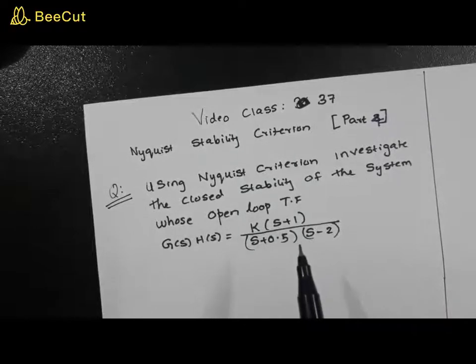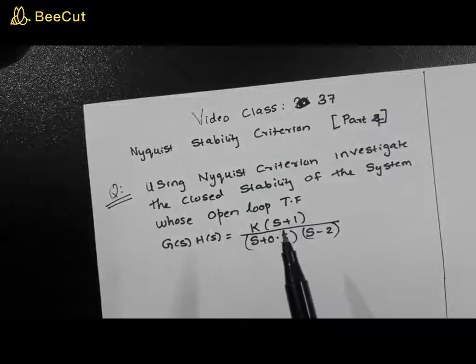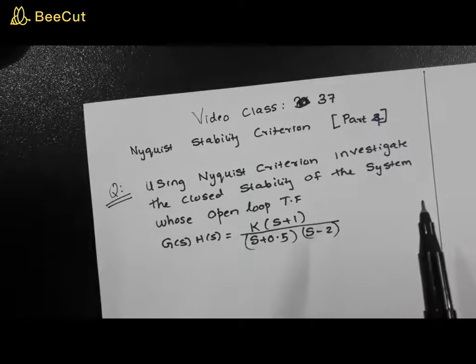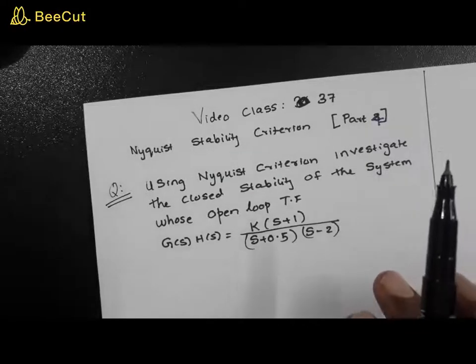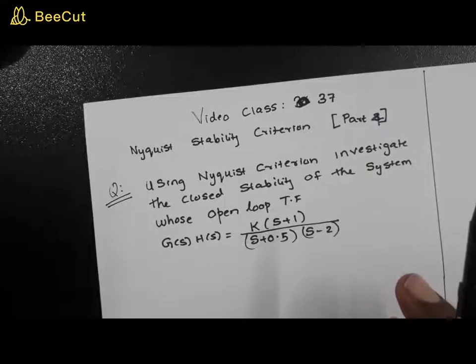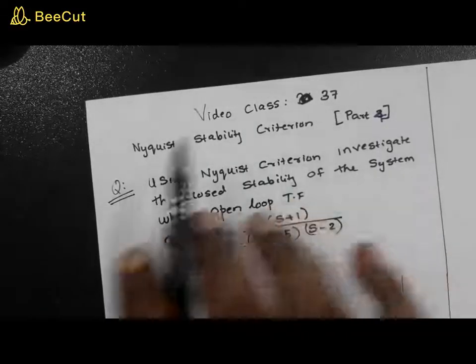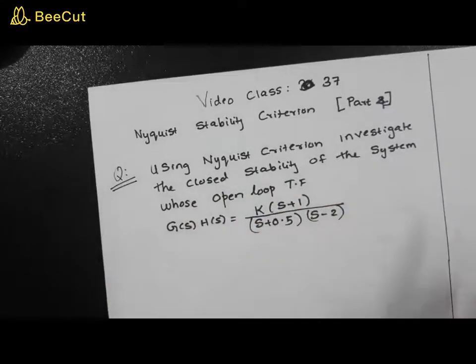Now in the first two videos we were discussing the theory behind the Nyquist plot and applying the Nyquist criterion, and not only that, we also studied the principle of argument. So this actually forms the basis of ascertaining stability using the Nyquist plot.